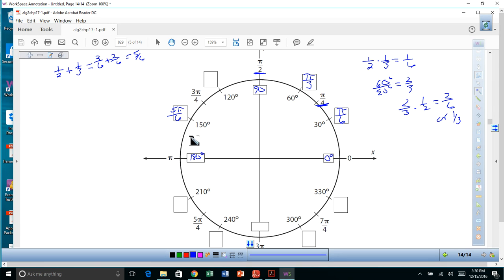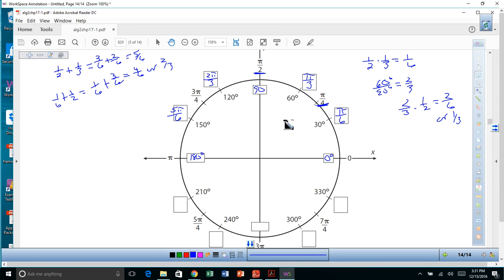Think about it. And then what about over here? That's going to be 1/6, right? So what do you got? 1/6 plus 1/2 is 1/6 plus 3/6, which is 4/6. Well, 4/6 is the same as 2/3, right? So that's going to be 2 pi over 3.